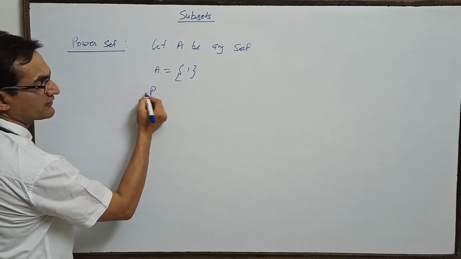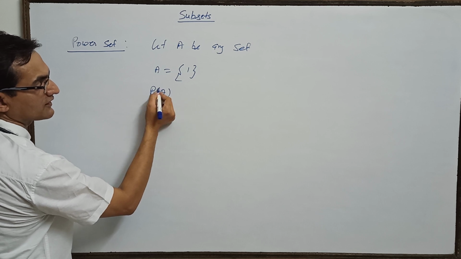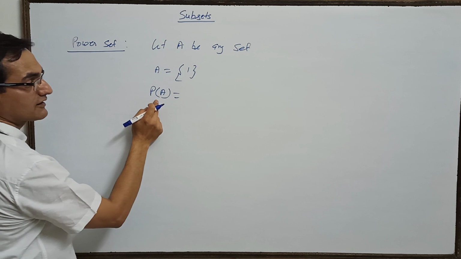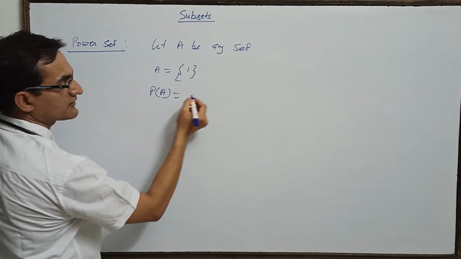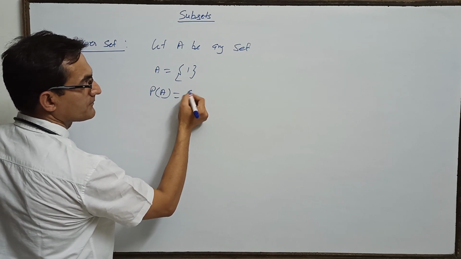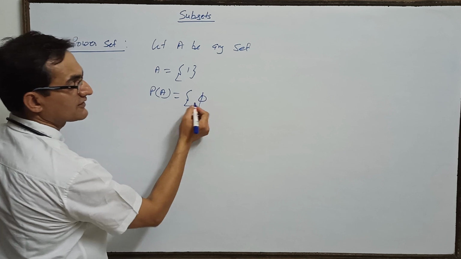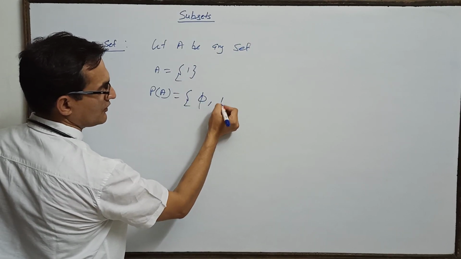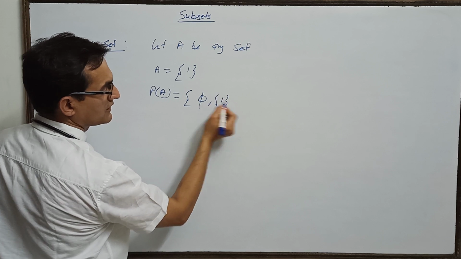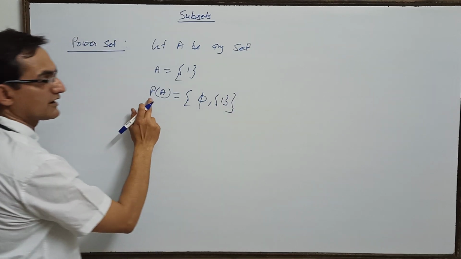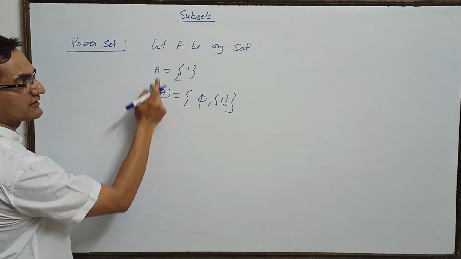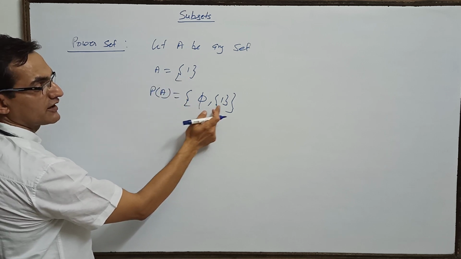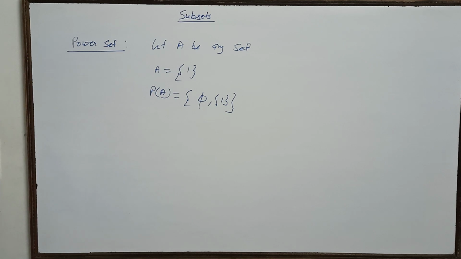So we will represent it as the power set of A. Power set of A means it contains all the subsets of A. The null set is a subset of every set, and another is {1}. So how many subsets does this have? 1 element, so how many? 1 and 2 subsets it has.